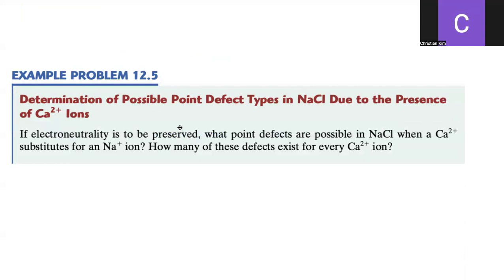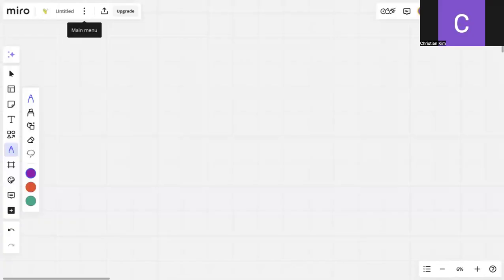How many of these defects exist for every Ca plus ion? Well, we're not going to answer the second part. That's not very important. The main part I want to get over here is what are the possible point defects we can get due to this presence of Ca2 plus, which is an impurity.